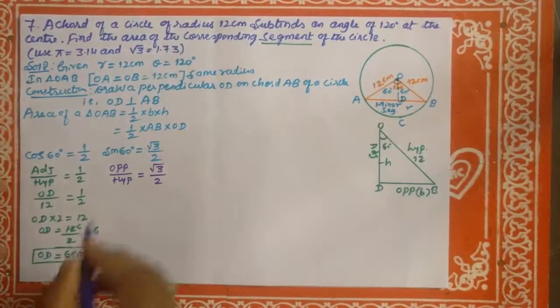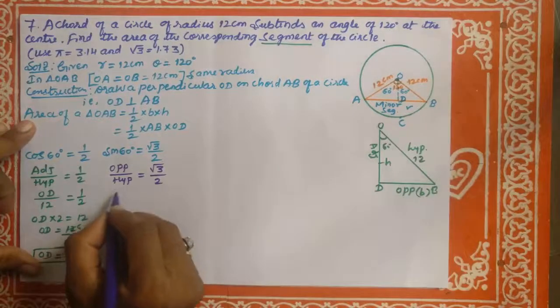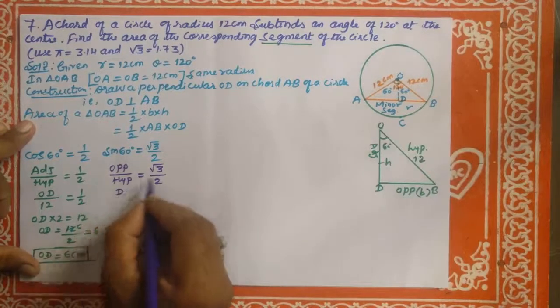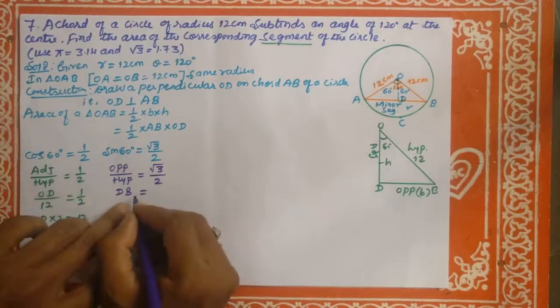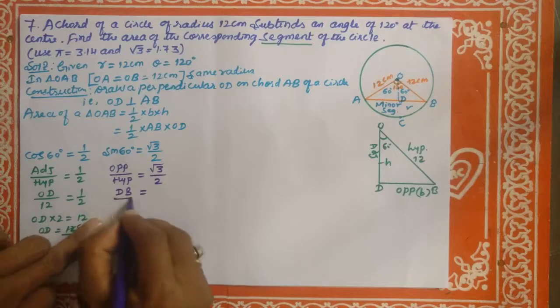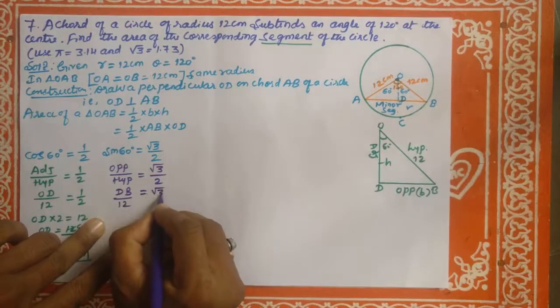Let us see now. Opposite is dB, because we need to find dB. dB divided by hypotenuse, which is 12 centimeter, is equal to root 3 divided by 2.